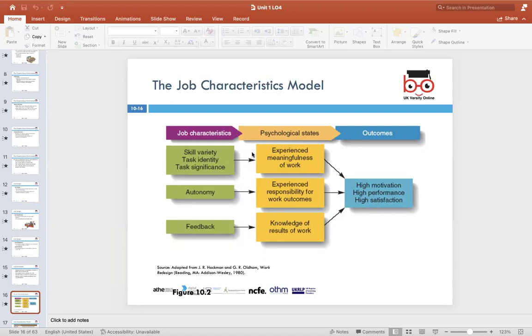Because I have more authority, I also have more knowledge of what my tasks are, how I need to do them, and what the results of my work are. The outcome should be more motivation for the people, they perform better, and they have higher satisfaction. So all of these factors play a role in this outcome at the end.